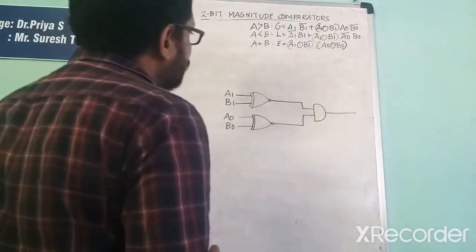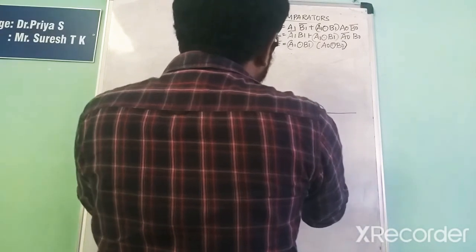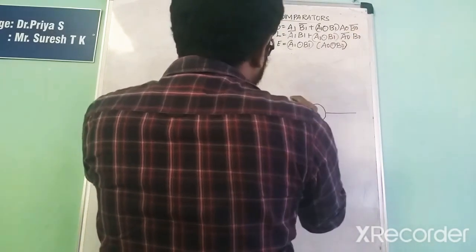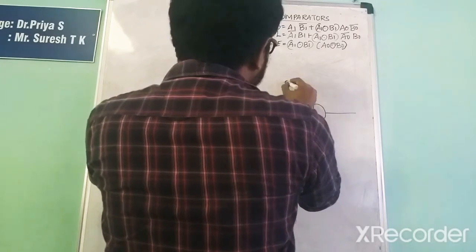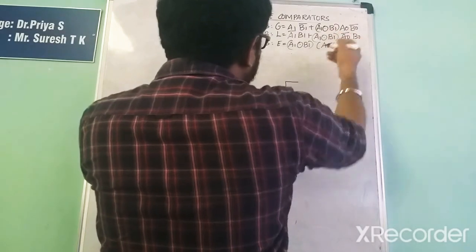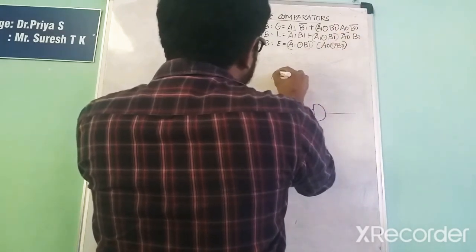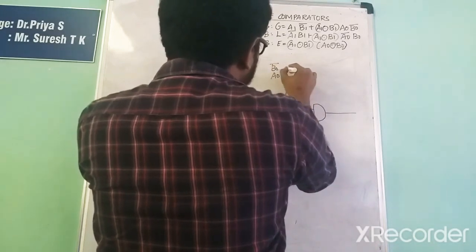Now we have the A1 A0 XNOR case, and we have A0, and B0 bar.